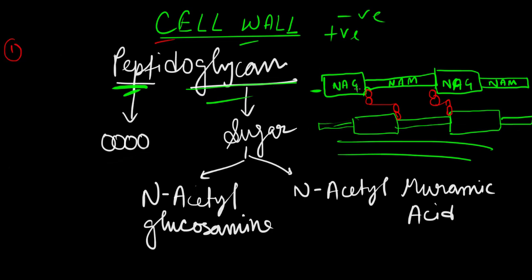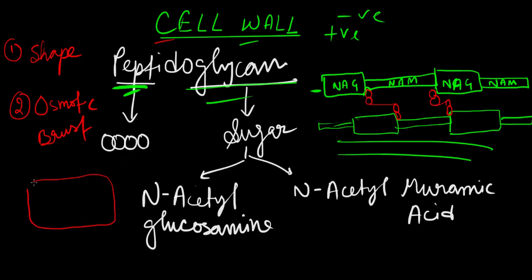The cell wall has two main functions. One is that it gives the shape of the bacteria, and second, it prevents the bacteria from osmotic burst. How does it prevent osmotic burst? Let me tell you. Suppose this is a bacteria, and inside the bacteria there is fluid, and outside there is also fluid. But the concentration of the inside fluid is higher than the outside.